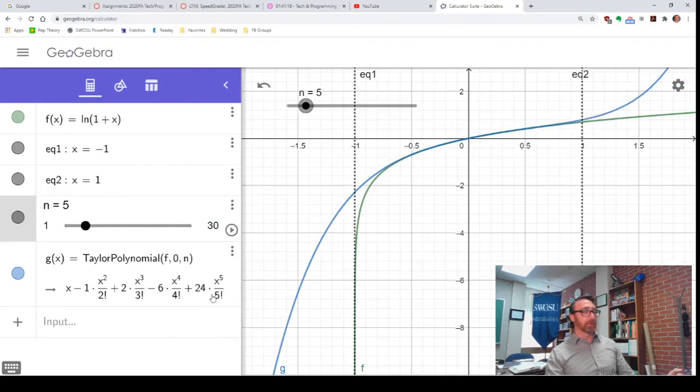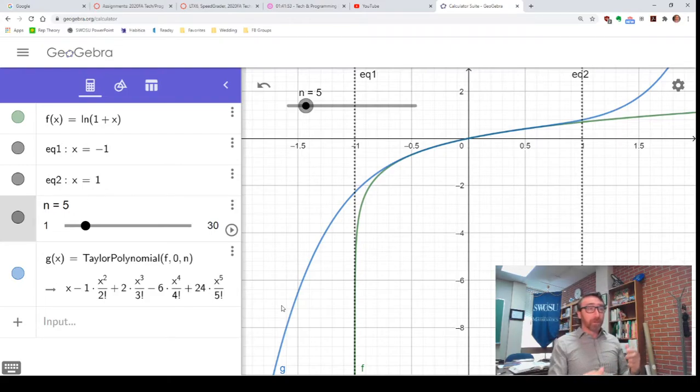Same thing down here. 5 factorial is 5 times 4 times 3 times 2 times 1, and 24 is 4 times 3 times 2 times 1. 4 factorial is 24, so this is really 4 factorial over 5 factorial. So the 4, 3, 2, and 1 will cancel, leaving you with just a 5 in the denominator. So we really are getting the series that we found by integrating the series for 1 over 1 plus x.